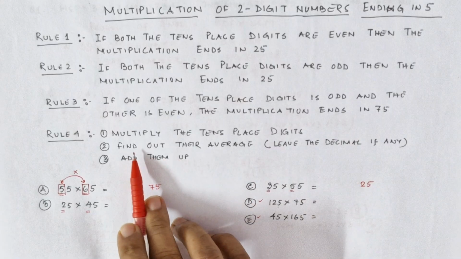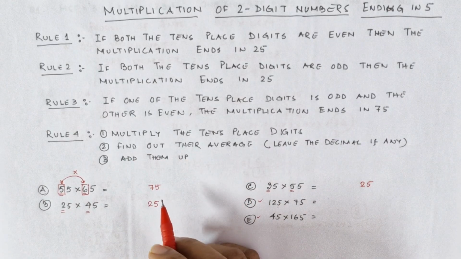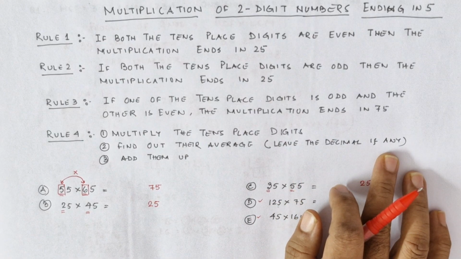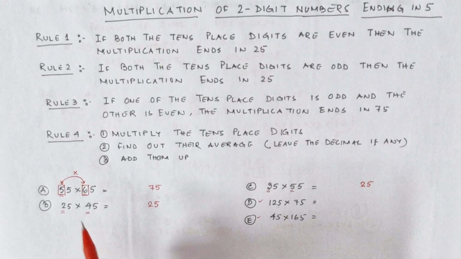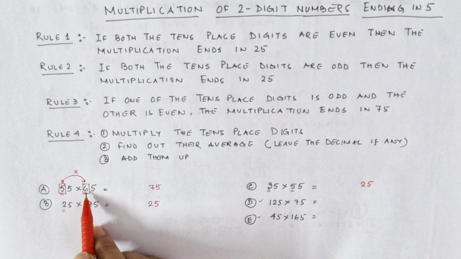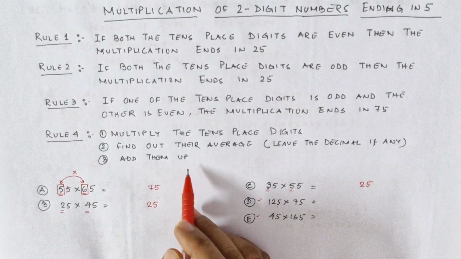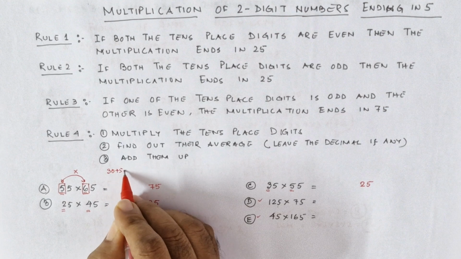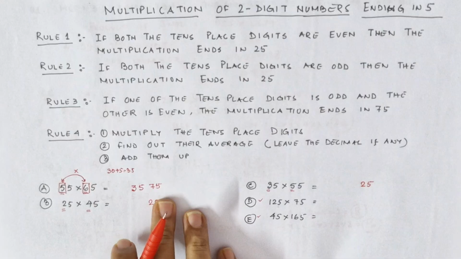Next, find out their average. 5 plus 6 is 11, divided by 2 is 5.5. Leave the decimal if any. You have a decimal of 0.5, leave it. Take 5. So the multiplication of 5 and 6 is 30, and take 5 as the average. Add them up: 30 plus 5 is 35. So the end result is 3575.